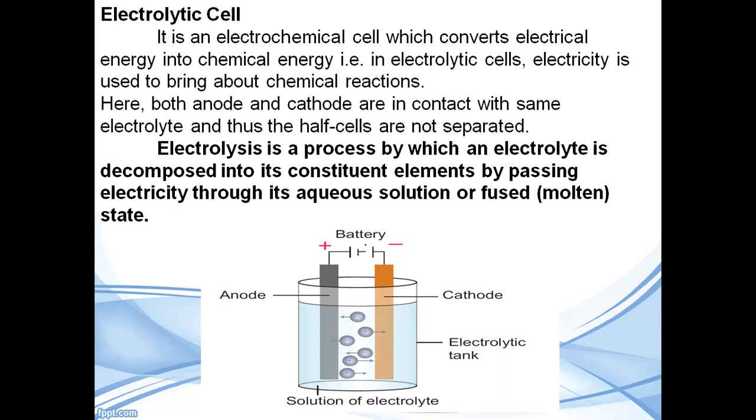Electrolysis means that the electrolyte is decomposed into its constituent elements by passing electricity through its aqueous solution or fused state. So there are two types of electrochemical cell that we discussed: the galvanic cell and the electrolytic cell.